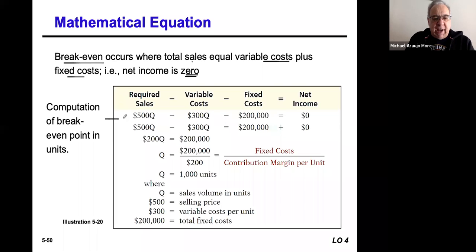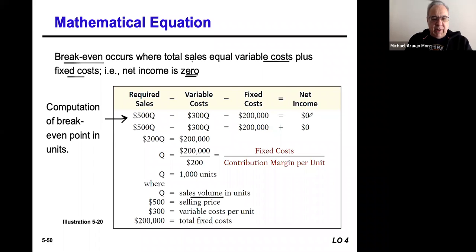So let's take a look at the very first line here. $500 times Q, right? Q is going to be the volume or the quantity here, minus, that's your required sales, minus 300 times Q, minus 200,000 in fixed costs gives you 0.